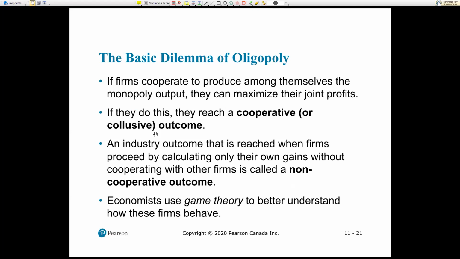So what does that mean? That means that they would essentially say, oh, let's get together, our 2, 3, or 4 big firms on the market, and let's just decide that we're going to produce as little as a monopoly would, and then just distribute the excess profit amongst ourselves. So that's very good for us, but not good for the economy as a whole.